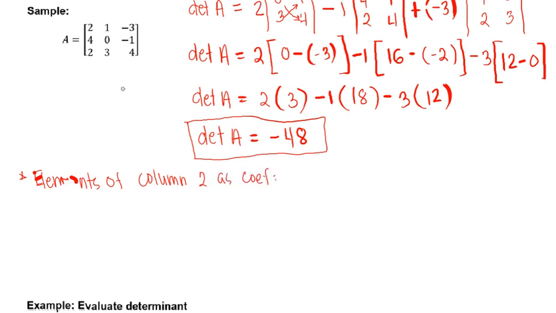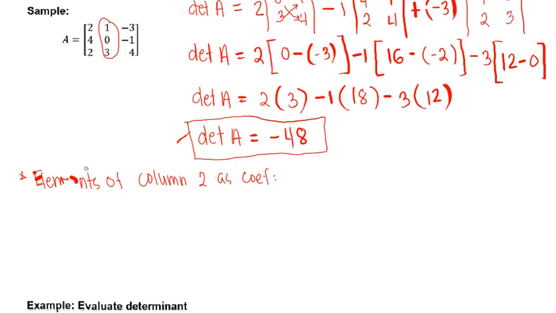We should derive the same answer as negative 48. So our answer should be the same, determinant of A is equal to negative 48. Whether we use column 2 or column 3 or row 3 as the coefficient, our determinant should be the same, which is negative 48.